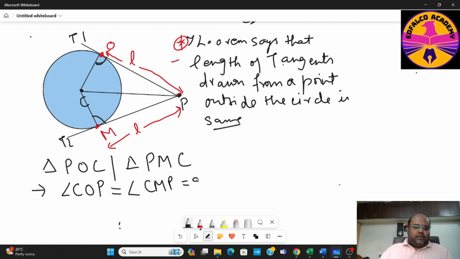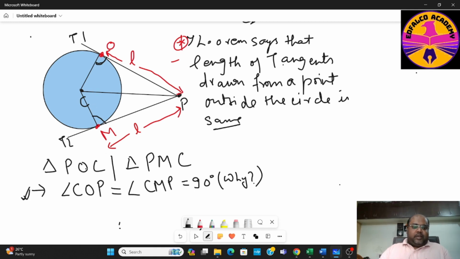Both of them are equal to 90 degree. Why are they equal to 90 degree? Because we talked about in the previous theorem that the tangent of a circle is always perpendicular to its radius, and that is why this angle must be 90 degree, and the same must be true for both these tangents, right? So for this triangle as well and the other triangle as well, angle COP and angle CMP must be 90 degree. So that means these two are clear.